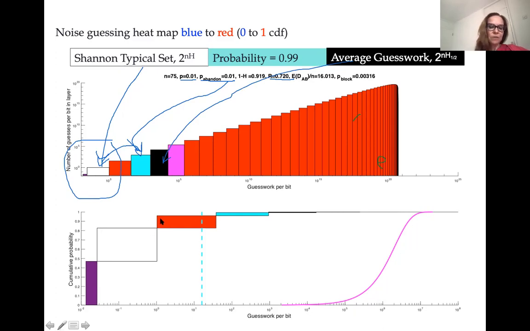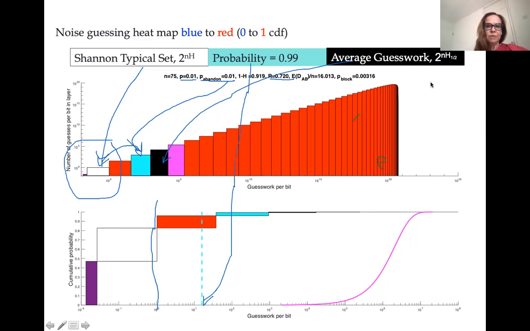Okay, so what you see here is that we've really accumulated almost all by the typical set, which is happening right here. I'm basically done. And this probability 0.99 is happening right here, right? Okay, and here's the CDF of the whole thing.